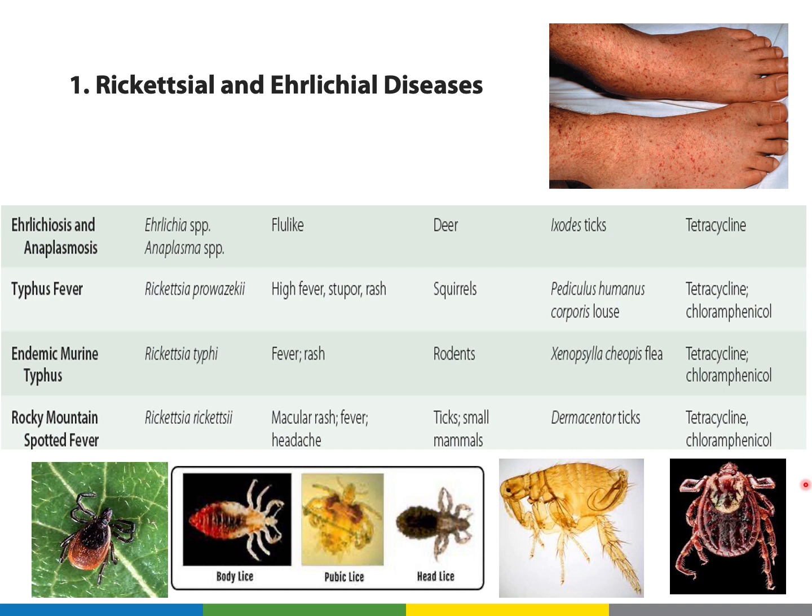And lastly, spotted fever, tick-borne typhus or Rocky Mountain spotted fever, is probably the best known rickettsial disease. It is caused by Rickettsia rickettsii. This rickettsia is a parasite of ticks. It can be carried by Dermacentor ticks.